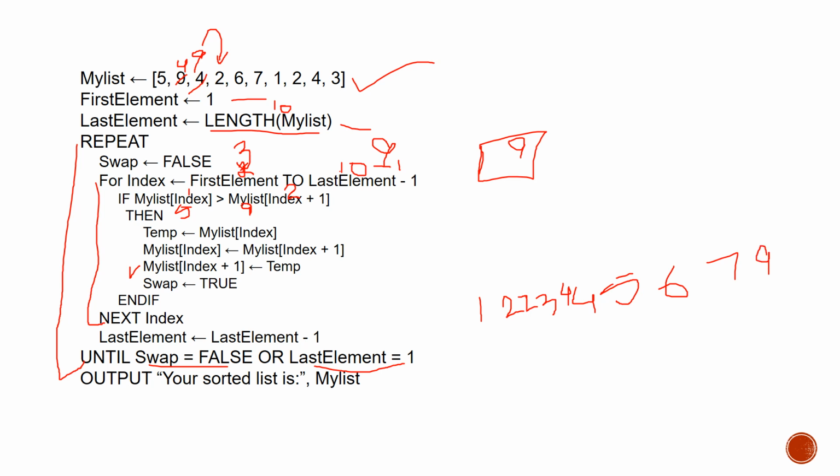So that's it. After the execution of this complete bubble sort, my output is going to be like this: 1, 2, 2, 3, 4, 4, 5, 6, 7, 9. So that's it. In this way, bubble sort is working.